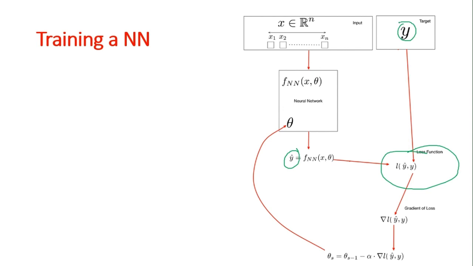If we find that error, then only can we train the neural network in such a way that the difference between the estimated output and the actual output is negligible. That is the process. Now, how will we optimize the loss function, or minimize the error between y cap and y?